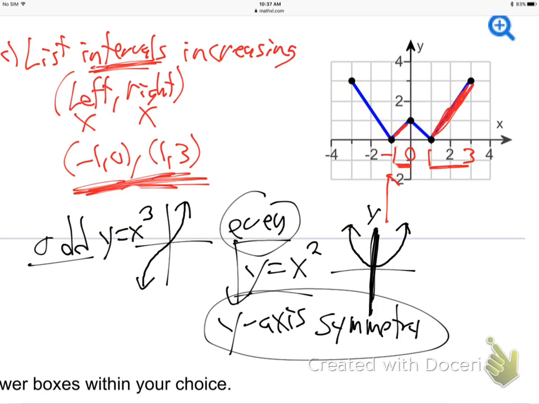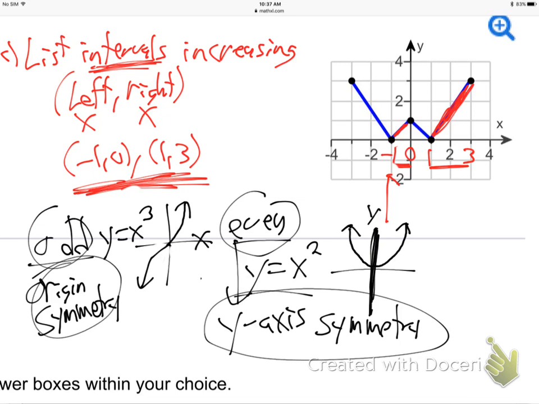That's origin, not x-axis. It's not the same top and bottom. If it was down here instead of there, then that would be x-axis. But it's over here. It's two quadrants away, isn't it? That's origin symmetry. So odd is another name for origin symmetry.